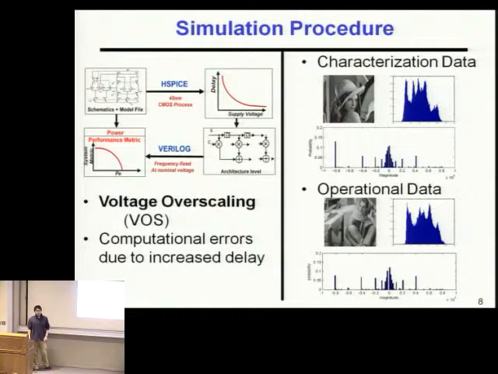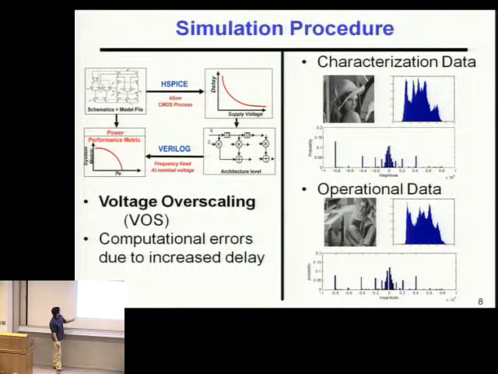So before I show you the simulation results of soft NMR, I'll first explain the simple simulation procedure. We first model our computation in structural Verilog based on basic building blocks such as adders, multipliers, AND gates and OR gates. And then we use HSpice to simulate each basic building block with different supply voltages and obtain a supply voltage versus delay curve.